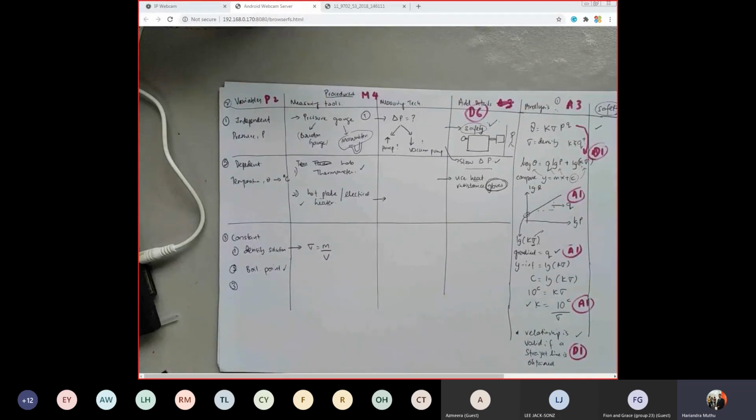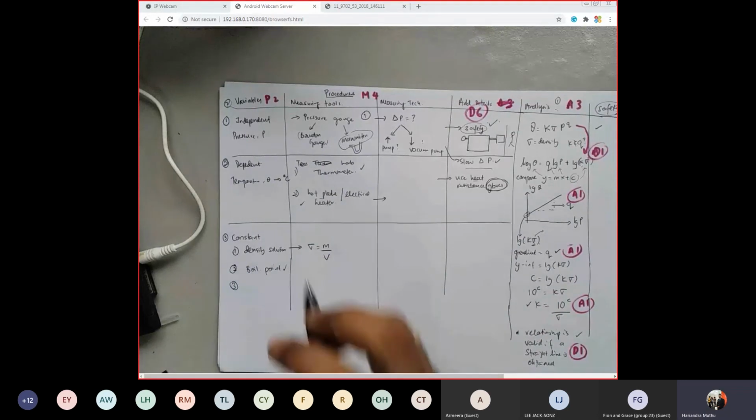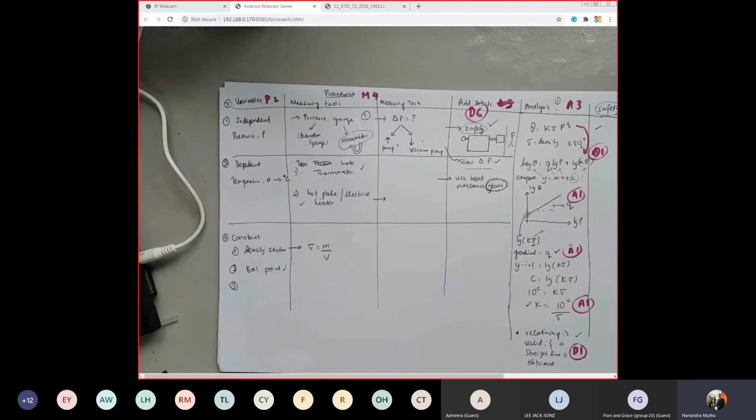How about now the density? Do we need to find the density of the salt solution? Yes, we use this particular formula.